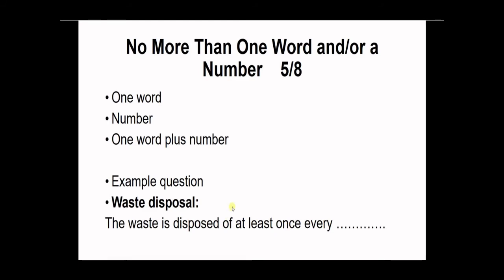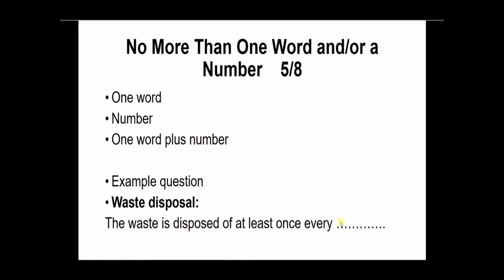If you listen to the audio carefully, you realize that the answer to this question is 4 weeks. The waste is disposed of at least once every 4 weeks. Now, in this case, our word limit or our instruction is that we are to write no more than 1 word and or a number.